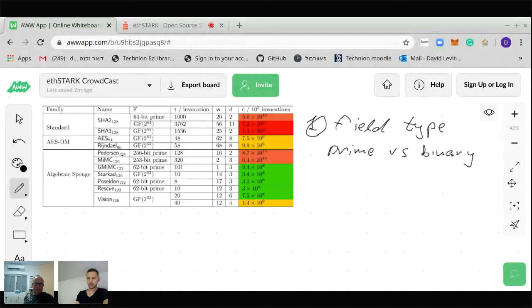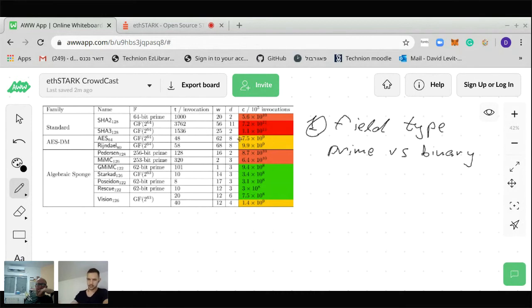We cannot index, or it is very hard to index a consecutive computation using the elements of the additive group of the binary field.